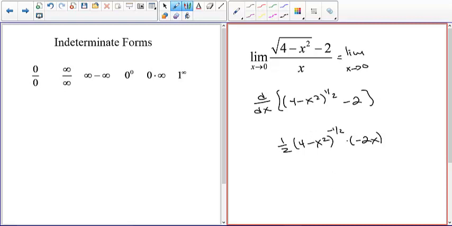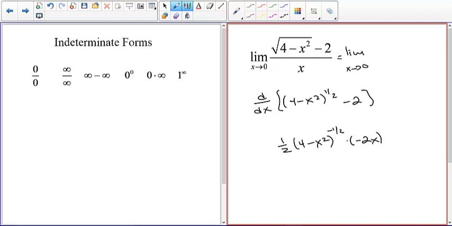So remember the chain rule. So the chain rule, you would let f of u be equal to, in terms of the first part, f of u would be u to the 1/2 power. So the derivative f prime of u would be 1/2 times u to the negative 1/2, which is that part, and then you multiply it by u prime of x.